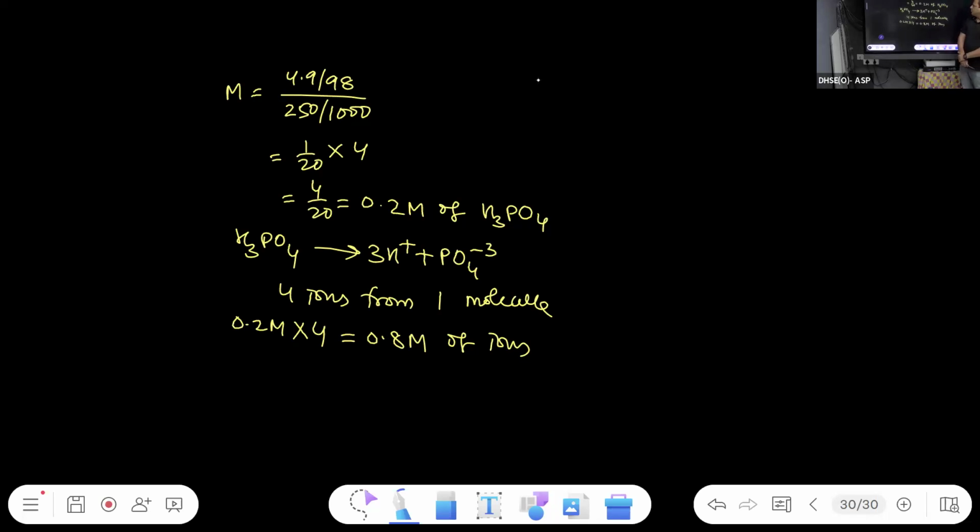So 1 by 20 into 4, or 4 by 20, or 0.2 molar of H3PO4. One H3PO4 is dissociated to give 4 ions. And the total concentration of ions will be concentration of the molecule into number of ions, that is 0.2 into 4, 0.8.